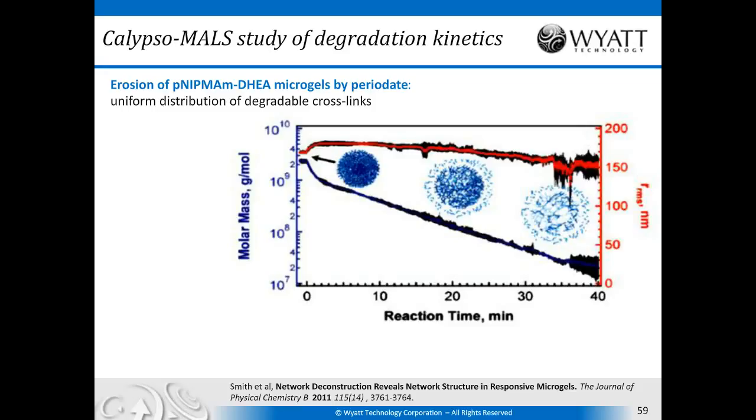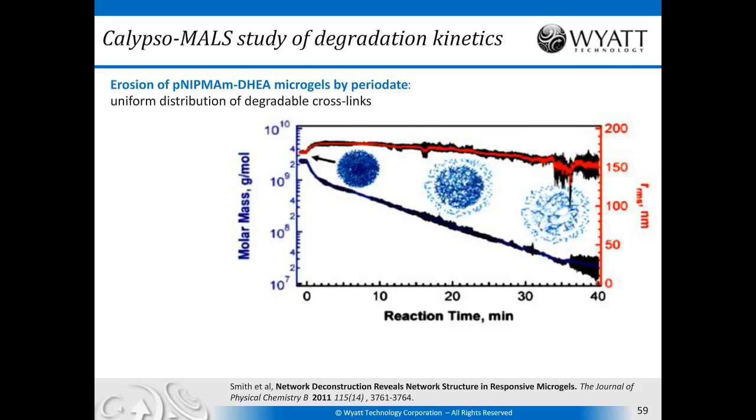And if you look carefully at the molar mass that's calculated using multi-angle light scattering and the size using the angular dependence, what we see here is a very rapid decrease in molecular weight over about 2 orders of magnitude. So we're measuring here about 2 orders of magnitude decrease in molecular weight due to the fission of the cross-links by the periodate.